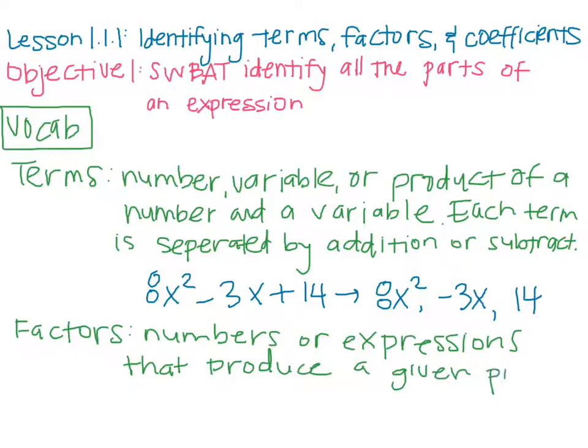So let's look at an example of some factors. If I have 8x squared, 8x squared is the product of 8 and x squared.